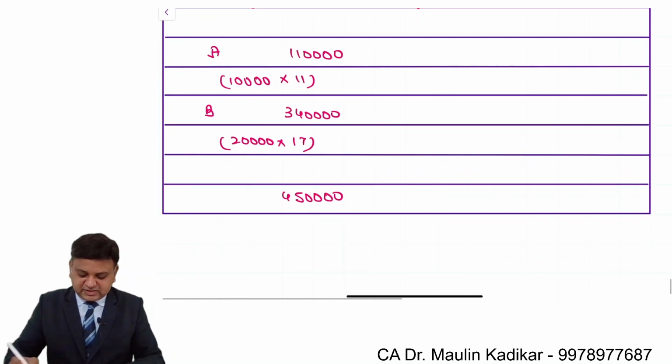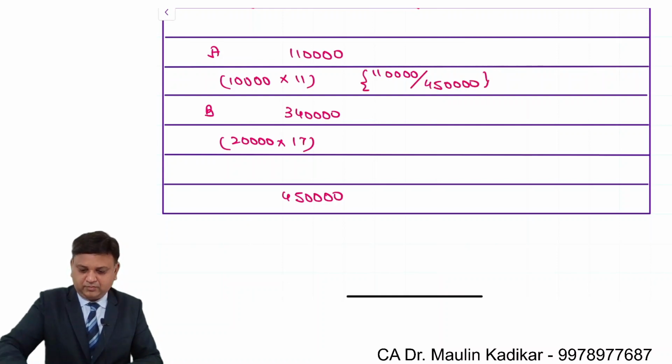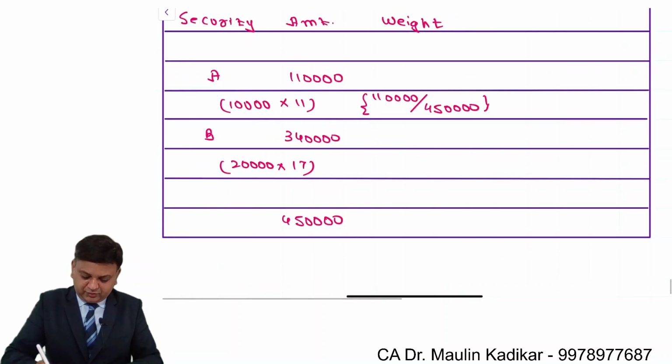So the weight will be 1,10,000 divided by 4,50,000. So it comes to 0.244444 like that.